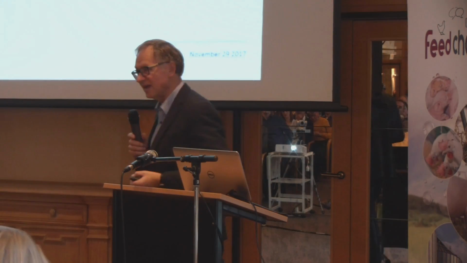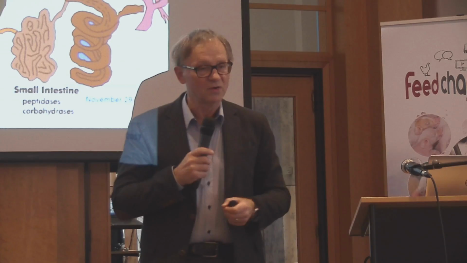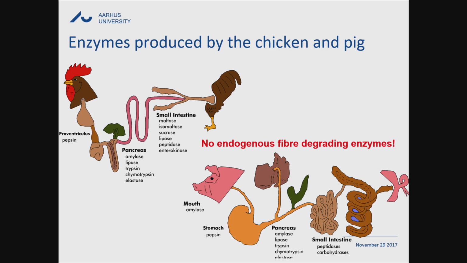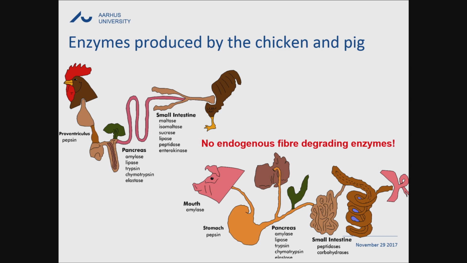If we are looking at chickens and also at pigs, you'll see all the different enzymes that are secreted into the gastrointestinal tract, which come from the body. In addition, we will also have different microorganisms present there, which, along with the endogenous enzymes, will have an impact on the different fiber components.